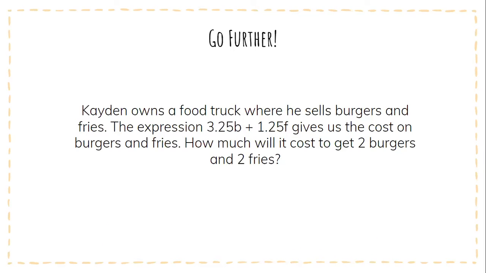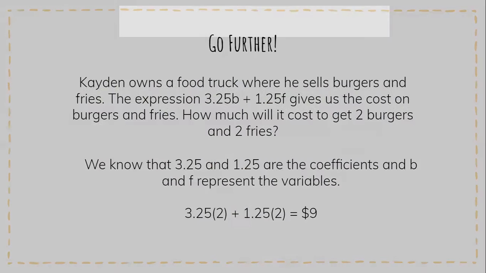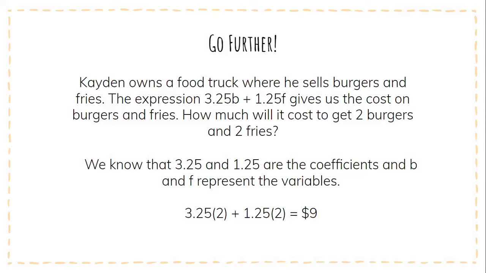All right, so I'm going to move forward and I'll help you with this answer. I hope that was enough time for you guys to try to get started at least, and then we will continue on. So again, the B stands for burgers, the F stands for fries. We know that the 3.25 and the 1.25 are coefficients, and the B and the F represent variables.